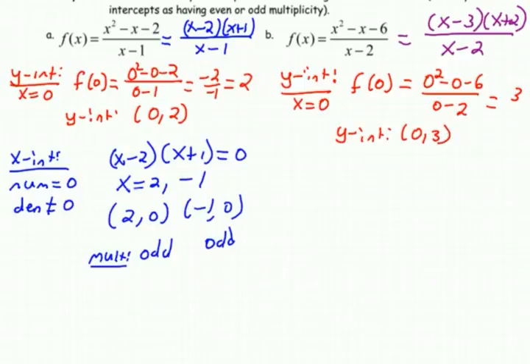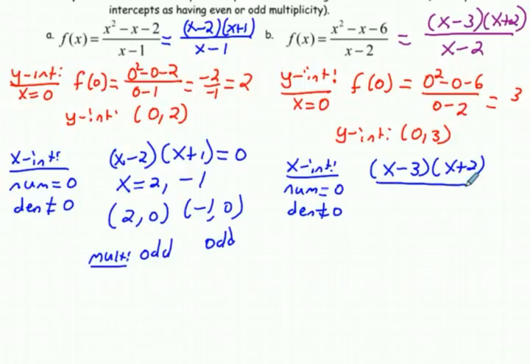And to find the x-intercepts, I'm going to let the numerator be 0, and then make sure that the denominator is not equal to 0. So my function is x minus 3 times x plus 2 over x minus 2.